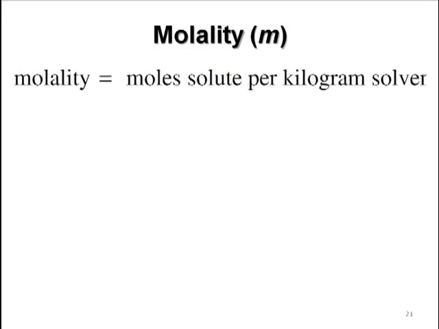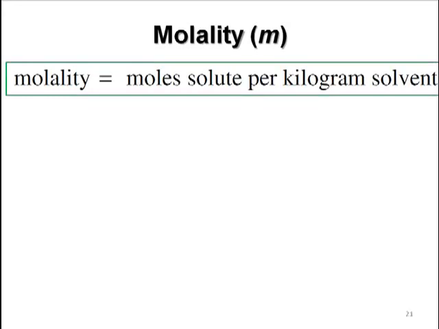The last one here is molality. This is also used on the AP exam. Molality is equal to the moles of solute per kilogram of solvent. So instead of molarity, which is moles per liter, this is moles per kilogram of the solvent.